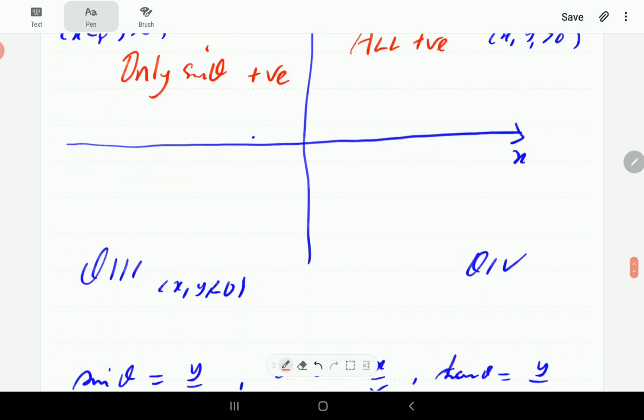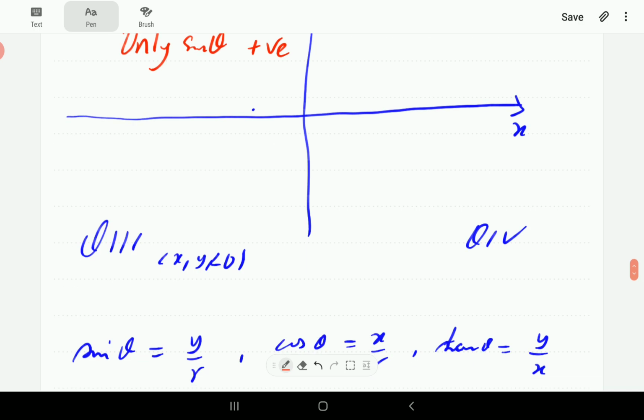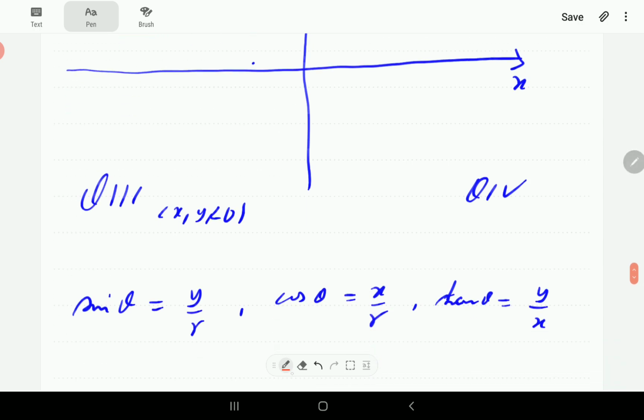Then in the third quadrant, both x and y are negative. So that means sine is going to be negative because it's going to be a negative number divided by a positive number. Cosine is going to be negative. But here we're dividing a negative by a negative, so tangent is going to be positive.